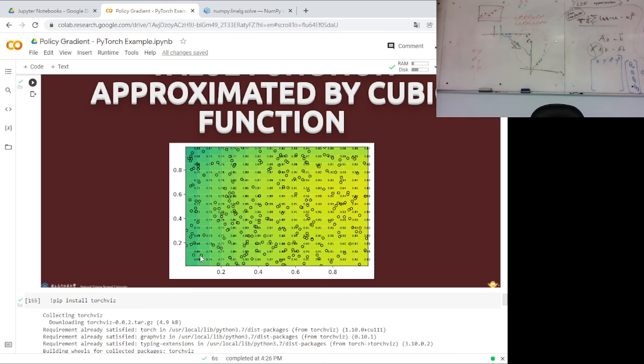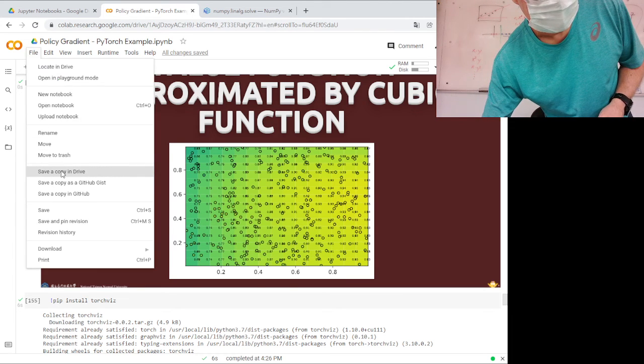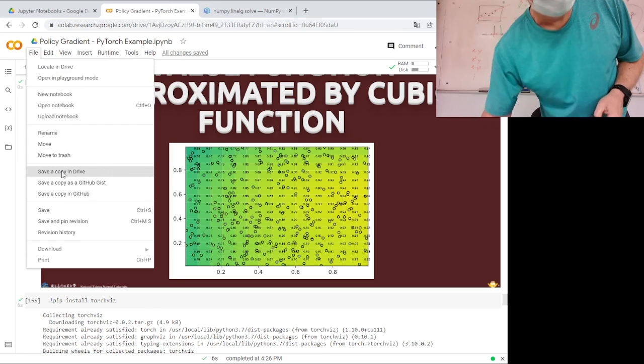If you copy this notebook, then you can change it. Save a copy in Drive.